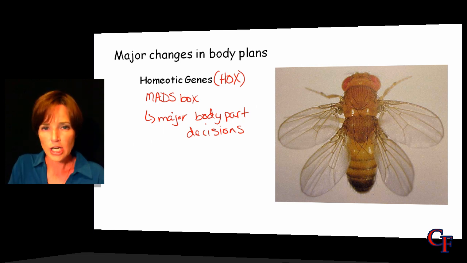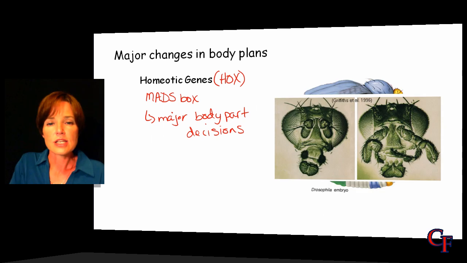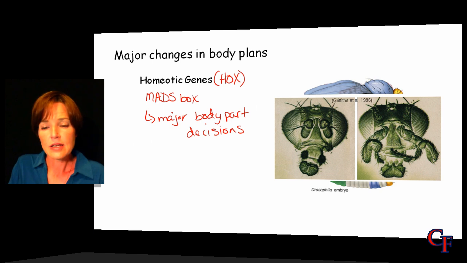And this is one change in a Hox gene that causes this fruit fly to have an extra set of wings. Here's another example. In this case, we see a fruit fly head, and where you would normally have the antennae coming out, now in the picture on the right, we see legs coming out of those same locations. Again, it's one gene change.